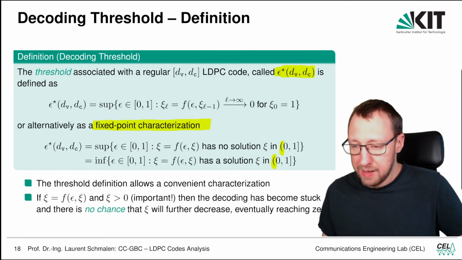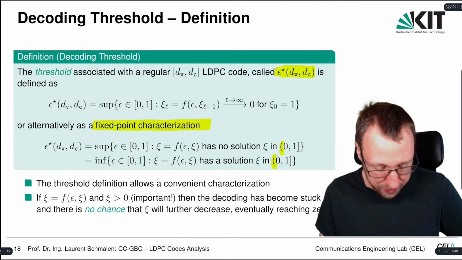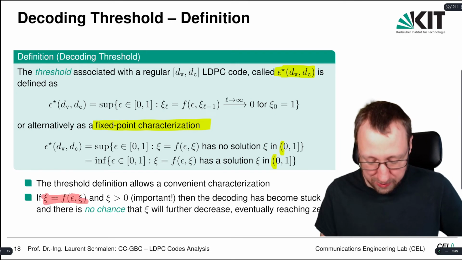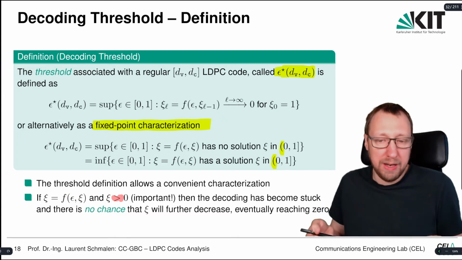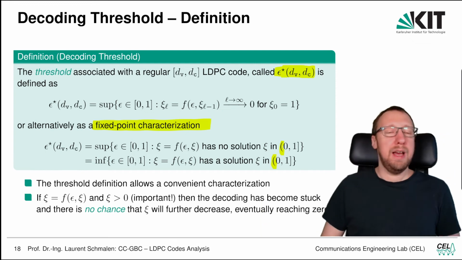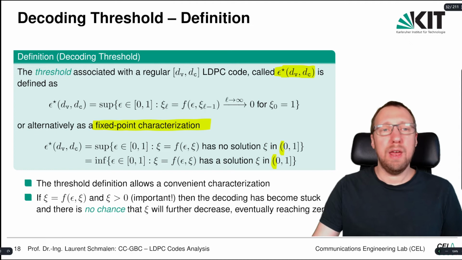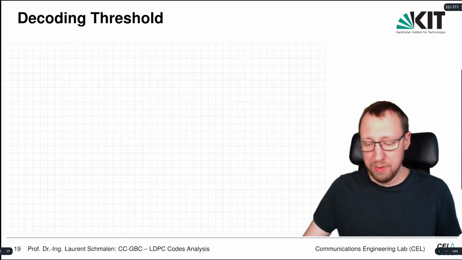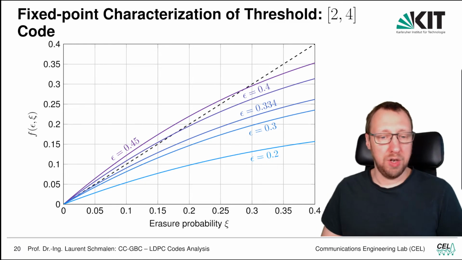So let's do the following. We have a fixed point equation. If xi is equal to f of epsilon, xi, and xi is larger than 0, it means decoding gets stuck. There is no chance that xi will further decrease and eventually reach 0. So how can we determine the threshold? Here is a visual aid.